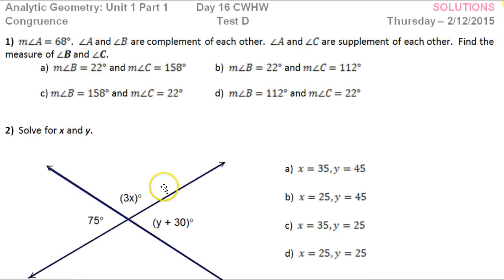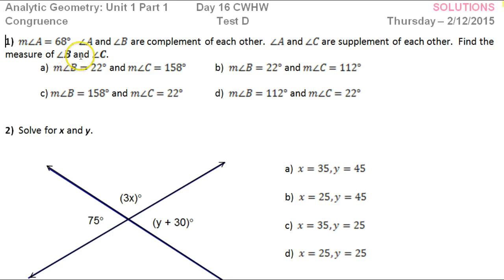Alright, so in problem number one, we're given that the measure of angle A is 68 degrees, and A and B are complementary. A and C are supplementary.